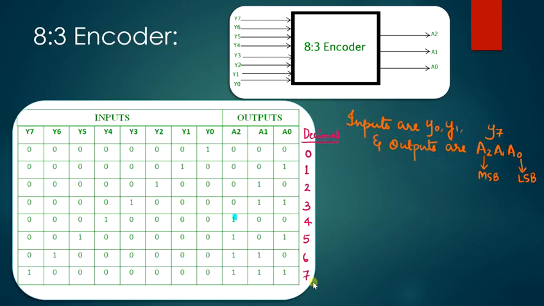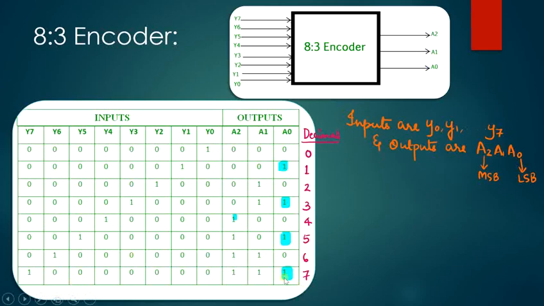Now let us see from the truth table how to write the expression corresponding to A2, A1 and A0. We start with A0. Corresponding to A0, I have the decimal notation 1, 3, 5 and 7. Correct?